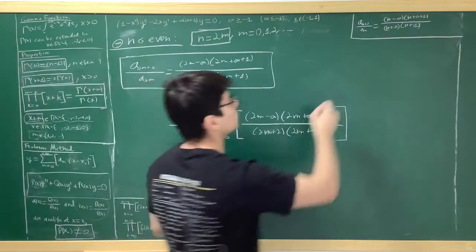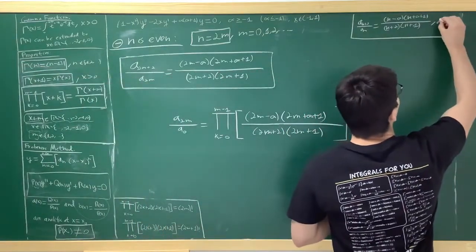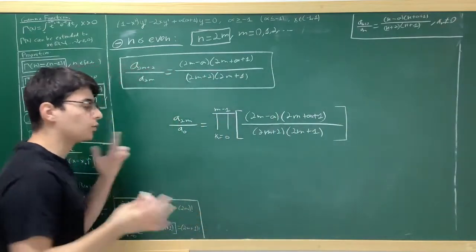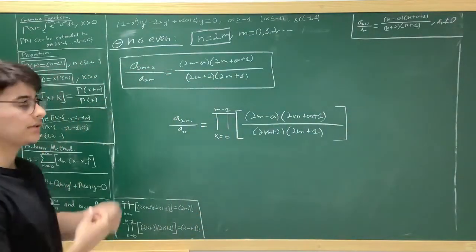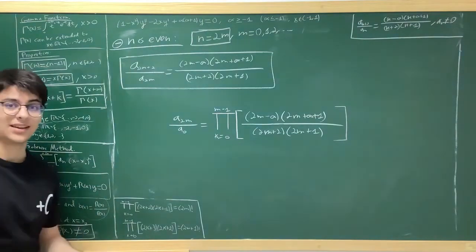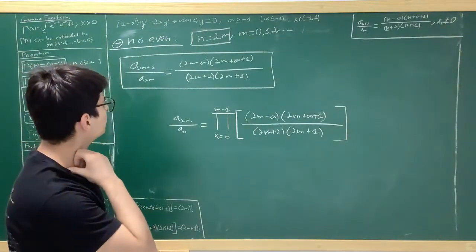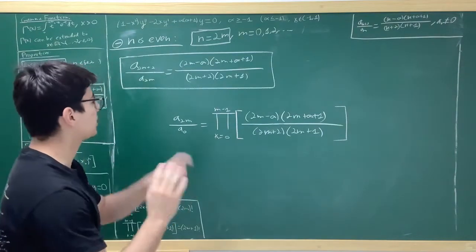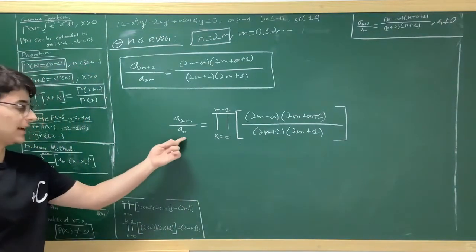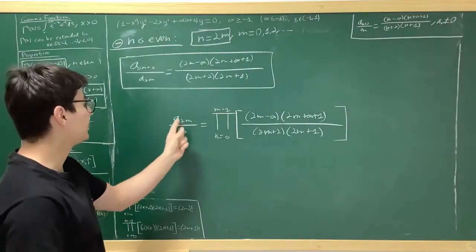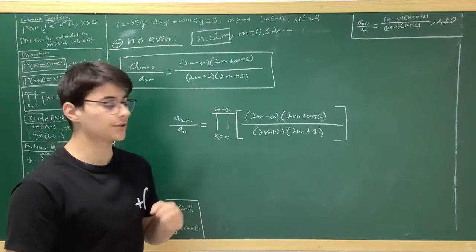Because here, a n is not 0 for any n. Okay, this is what we are assuming. If a n is 0, well, the answer would be 0, and it's a trivial answer. So this is what we're assuming. A0 is an arbitrary constant, and from A0 we can get all the other even terms.